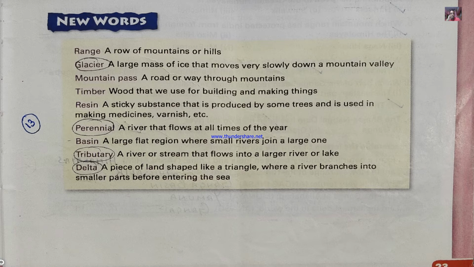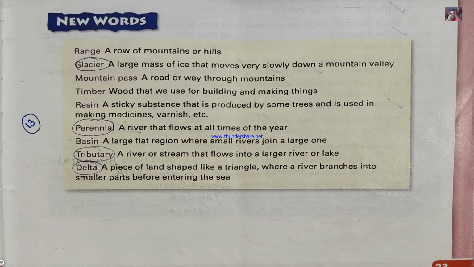Clear? Now, glacier. A glacier is a large mass of ice that moves very slowly down a mountain valley. In the past few days, we have been hearing about the Siachen Glacier. It is the highest battlefield. Our Indian soldiers are stationed guarding this glacier because it is very close to the international borders.